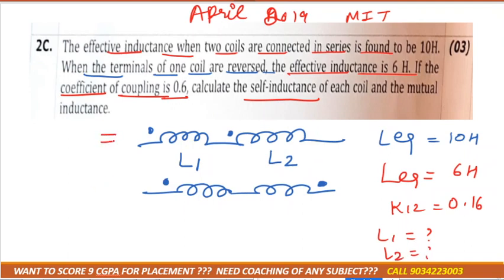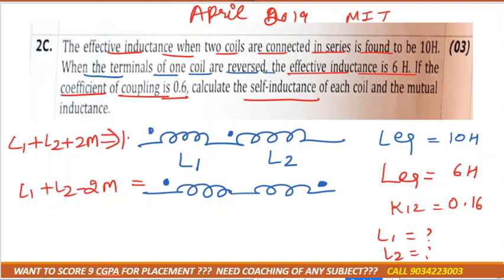As you know, if the two coils are connected like this, then the formula is L1 plus L2 plus 2M, right? And in this case the formula is L1 plus L2 minus 2M, correct? And that would be equal to 10 Henry and that would be equal to 6 Henry, correct?